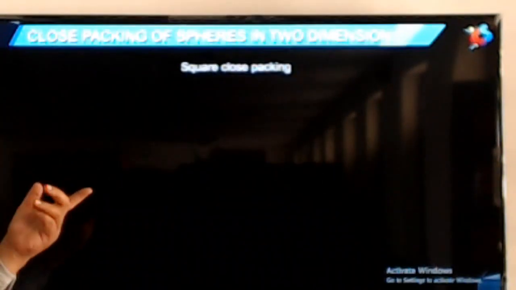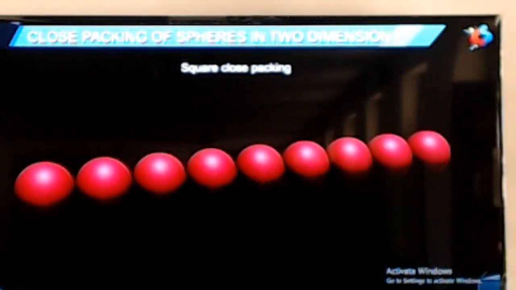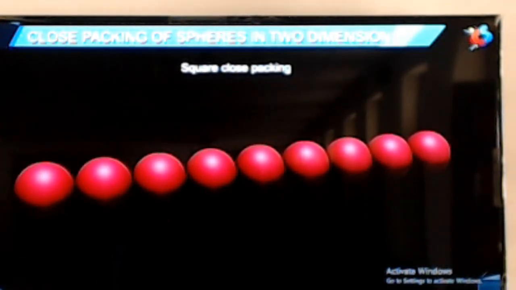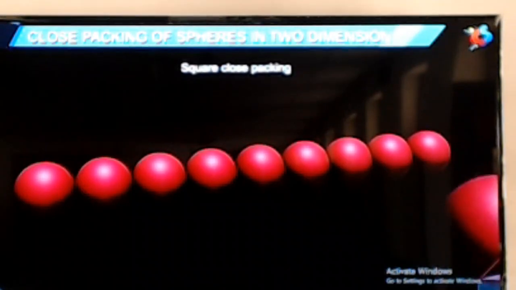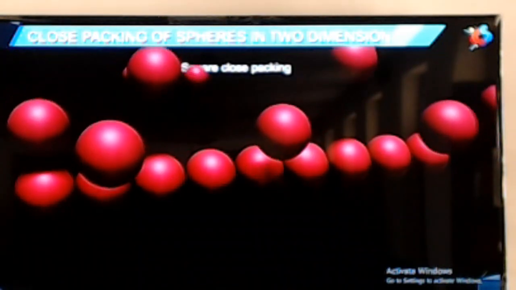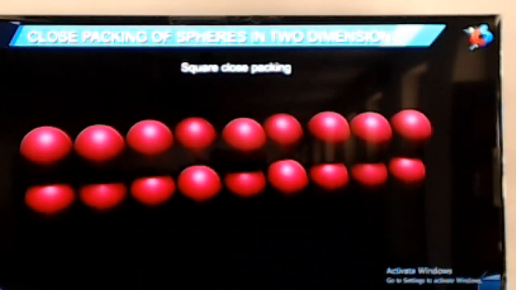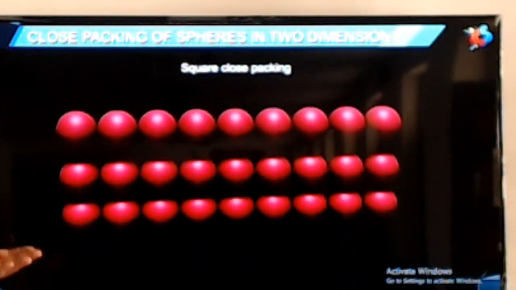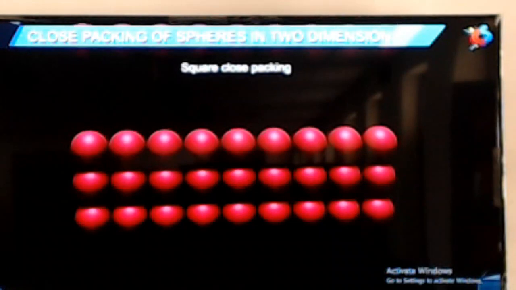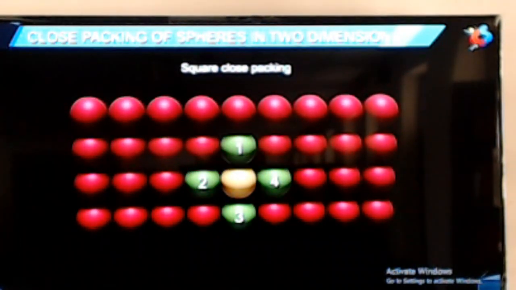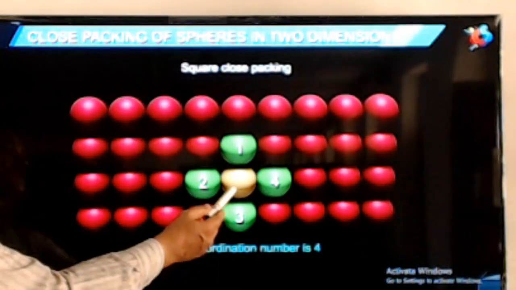So these are of 2 types. Square closed packing we have already discussed, and we are discussing hexagonal closed packing again now. In square closed packing, this is one line of particles, and another row of particles is joined with the first row. They come in contact with each other. Say this is the reference particle.